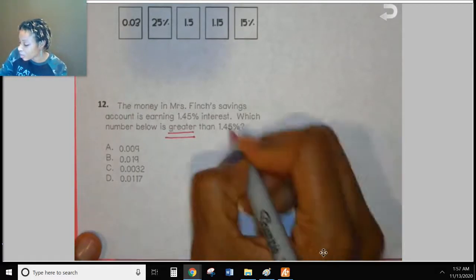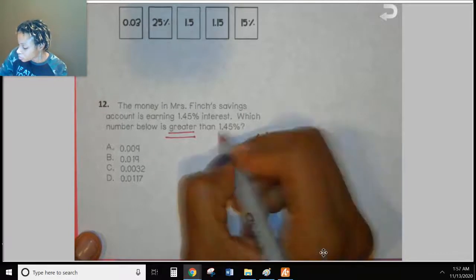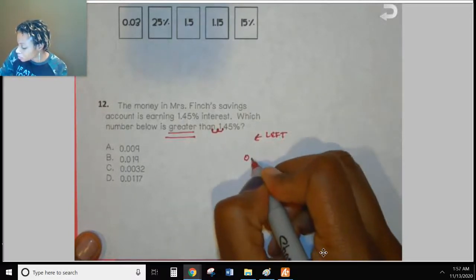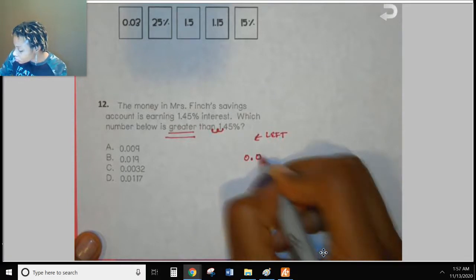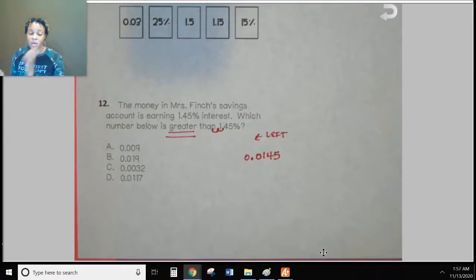To make it a decimal, we have to go 2 places to the left. 1, 2. So this would become 145 10,000ths, okay? 145 10,000ths.